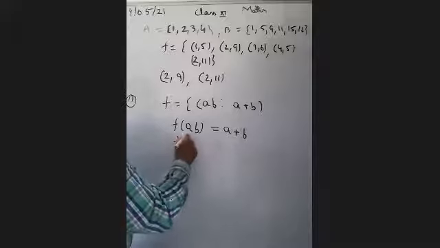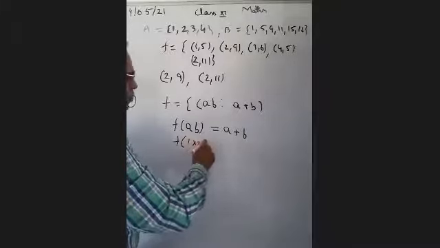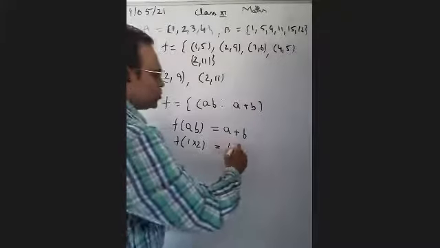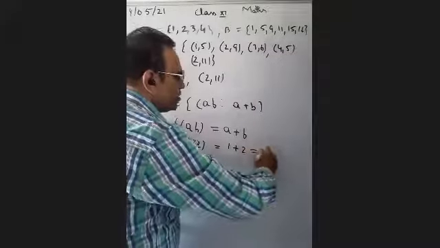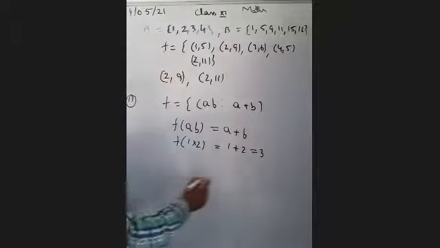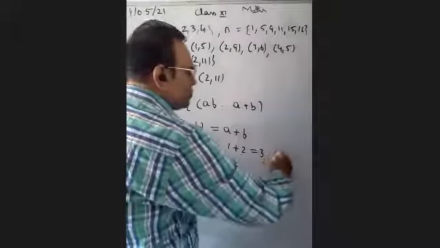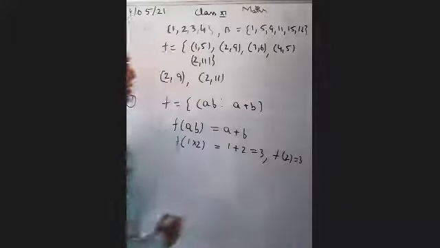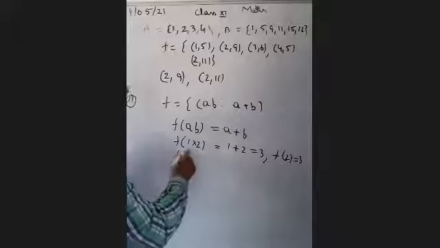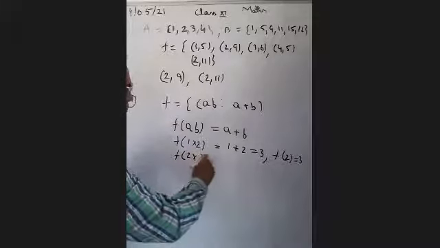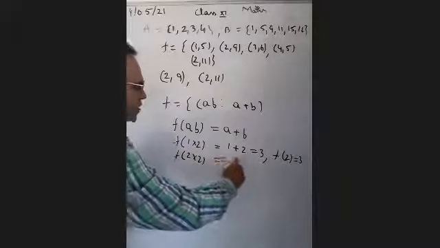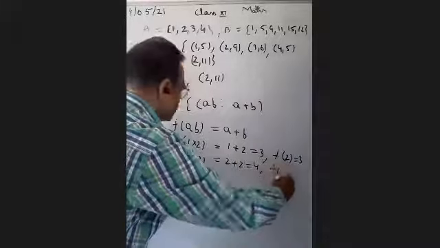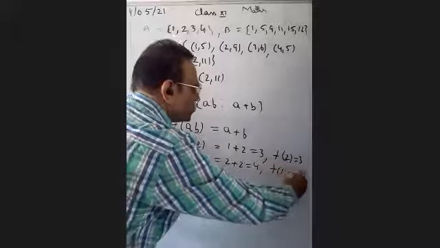Suppose if I take 1 into 2, what will I get? 1 plus 2, that is 3. It means f(2) equal to 3. Similarly, if I take 2 into 2, then 2 plus 2 equal to 4, that is f(4) equal to 4.